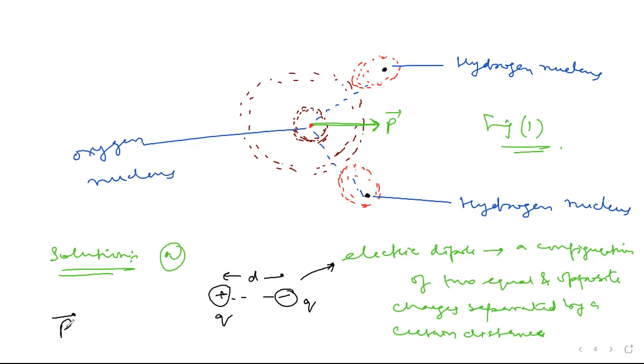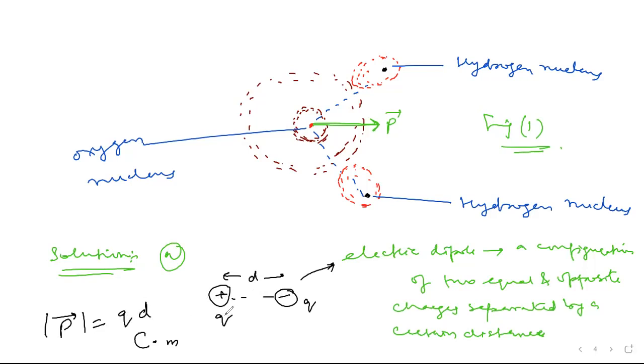This vector is denoted by P. This vector has magnitude equal to the magnitude of charge of either charge in the dipole, that is Q, and the distance of separation between the charges, which is sometimes called dipole length, D. So its unit is just charge into distance. So the SI unit is coulomb meter, right?